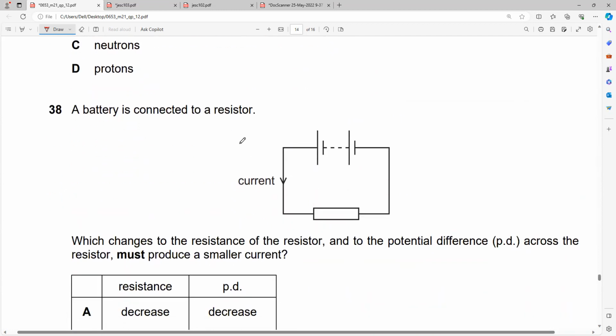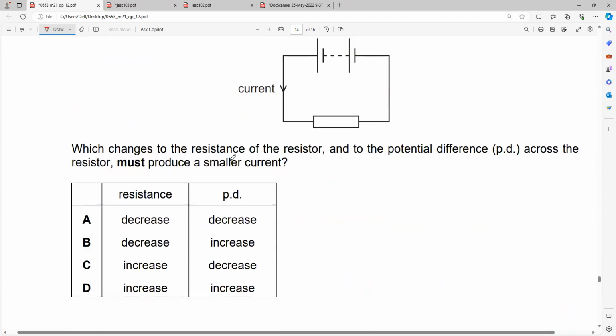A battery is connected to a resistor. Which changes to the resistance of the resistor and the potential difference (PD) across the resistor must produce a smaller current? Smaller current means what? Anybody? Resistance is inversely proportional to current.